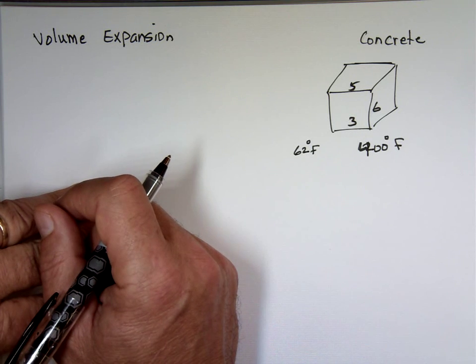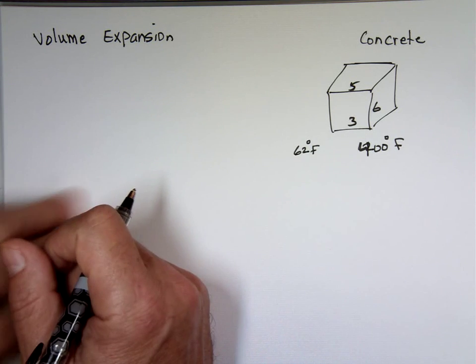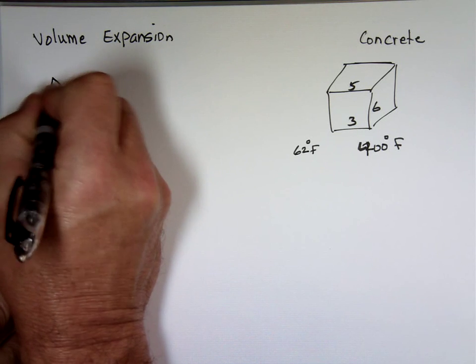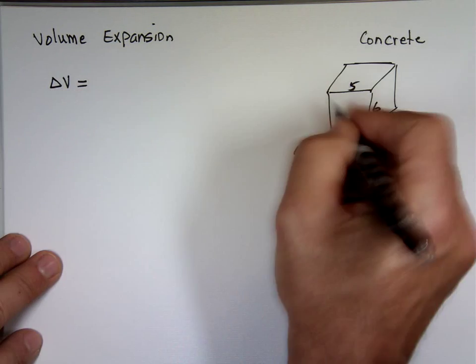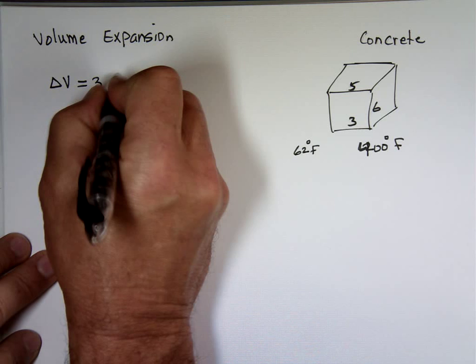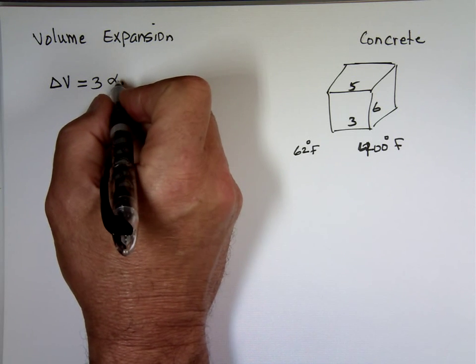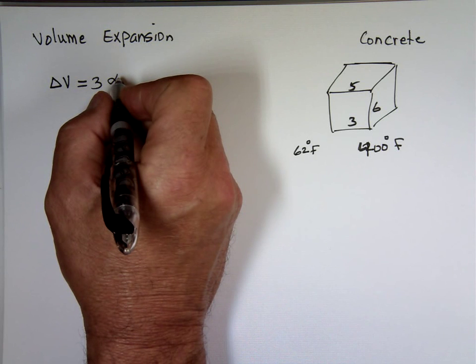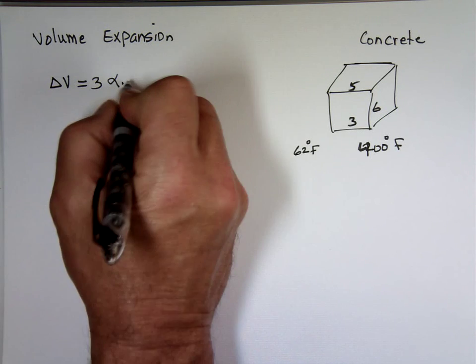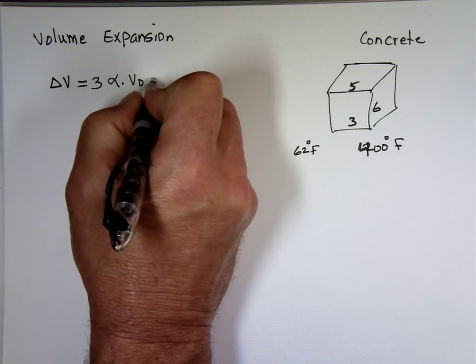And it's made out of concrete. What is the change in the volume? Change in the volume, because we have 3 sides here, is 3 alpha times the original volume, V0, times the change in temperature.